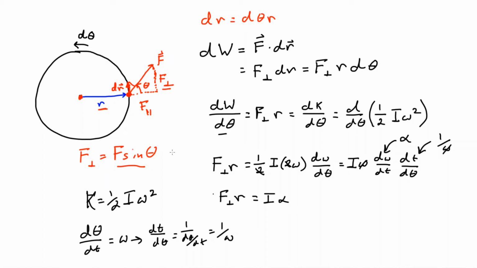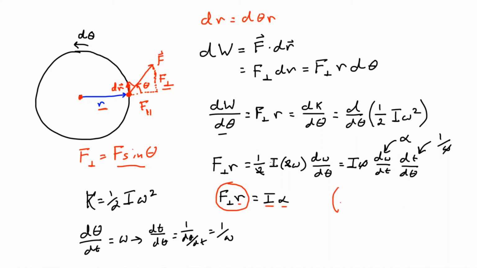So it says that if I apply a force with a perpendicular component, F perpendicular, that is a component that is perpendicular to the radial direction, I multiply that by the distance I apply that force from the center of rotation. This equals I times the angular acceleration alpha.